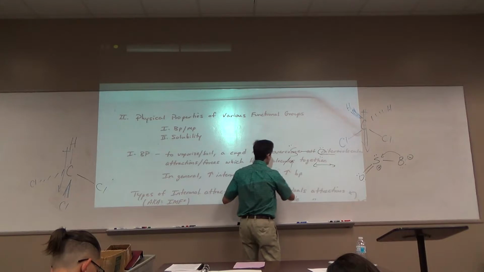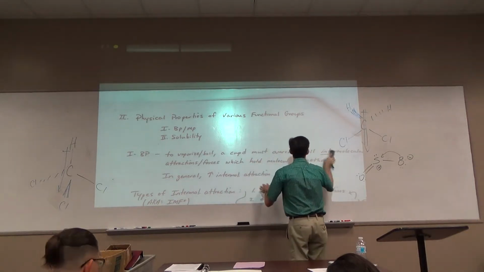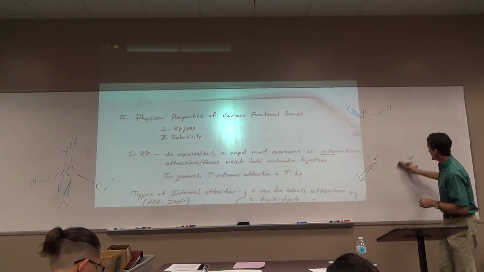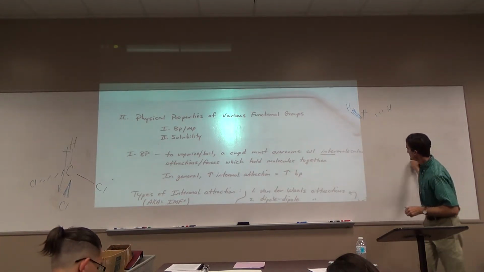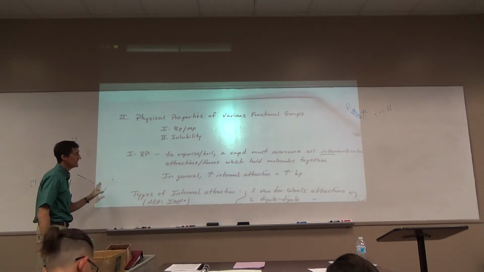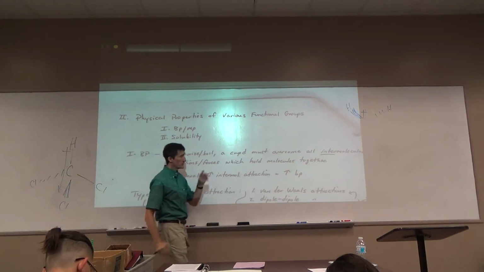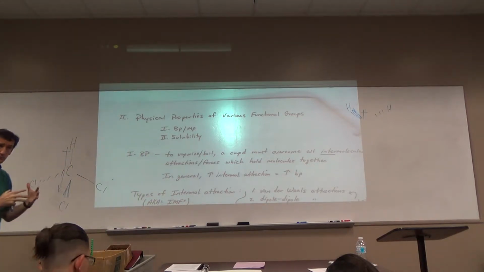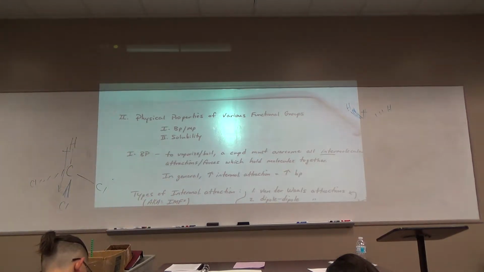We need to know what types of IMFs are possible, the relative strength of those IMFs. That's going to be very important in predicting boiling point. The stronger the IMFs, the more energy you're going to have to put in to break the interactions. Not the covalent bonds, IMFs, which are sometimes called non-covalent interactions.